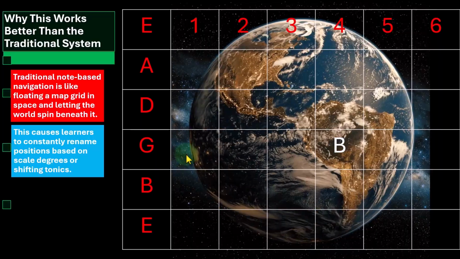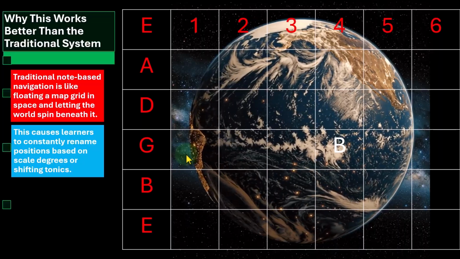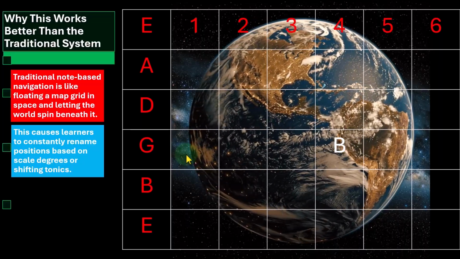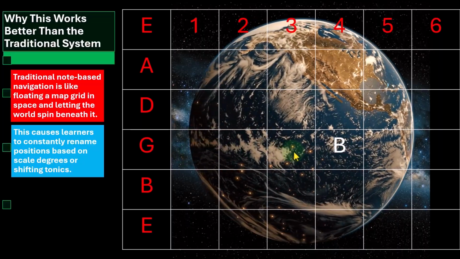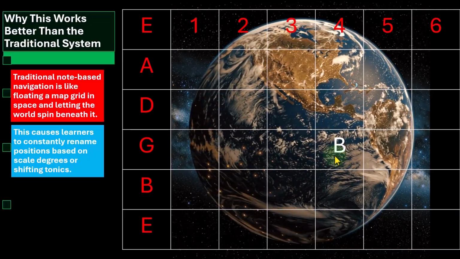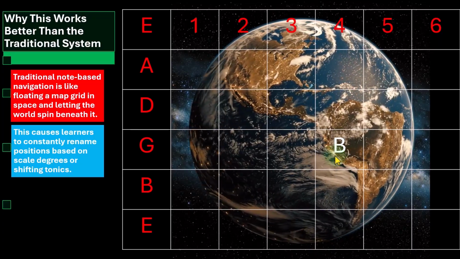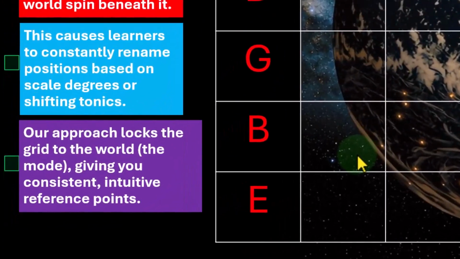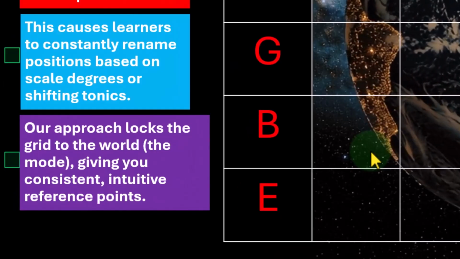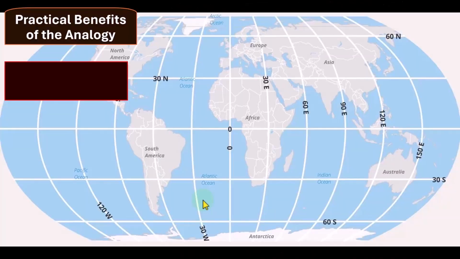They force us to think like we're in different scale degrees and so on. Same with the chord naming conventions. There are better ways to name things in order to see everything in context of the continents, which is always what we're doing in Western music. We always have a collection of 7 notes, pretty much all the time. So our approach locks the grid to the world, the mode, giving you consistent intuitive reference points.